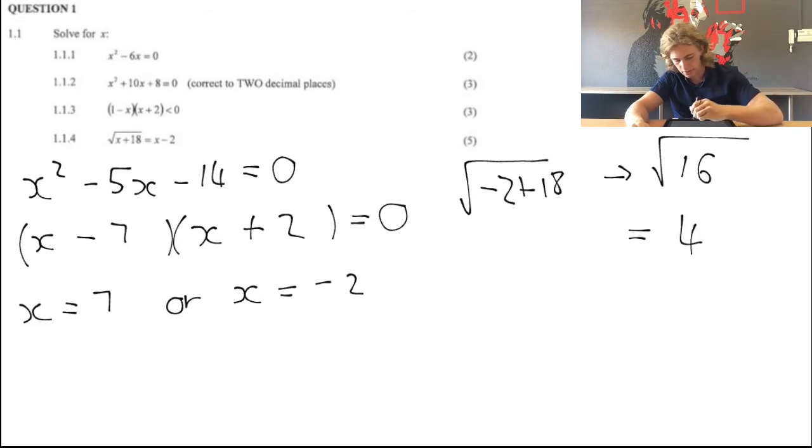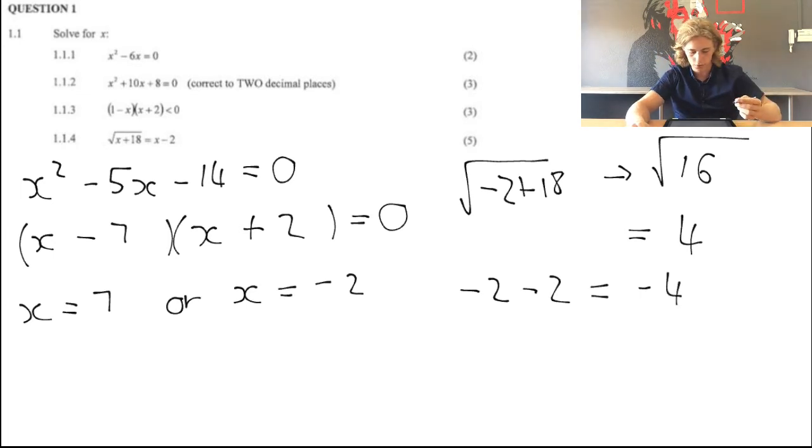And on the right-hand side, we will have -2 minus 2, which will equal -4. And so 4 and -4 do not match up. And therefore, our answer is going to be x equals 7. So what we're going to do is cross out the equal sign on the x equals -2, and our answer is x equals 7.